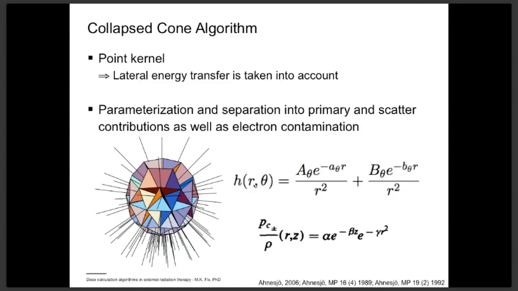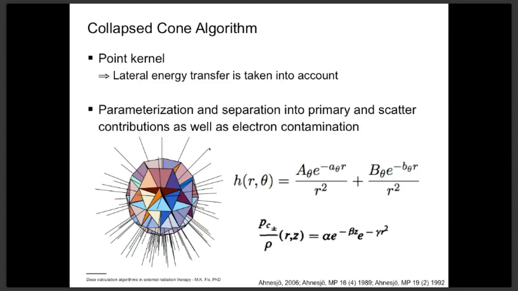So this is along the distance r under a certain angle. And the first term here describes the primary contribution, and the second term describes the scatter contribution. So this is along these lines. And all interaction, or all deposited energy within this cone, gets deposited along this line.